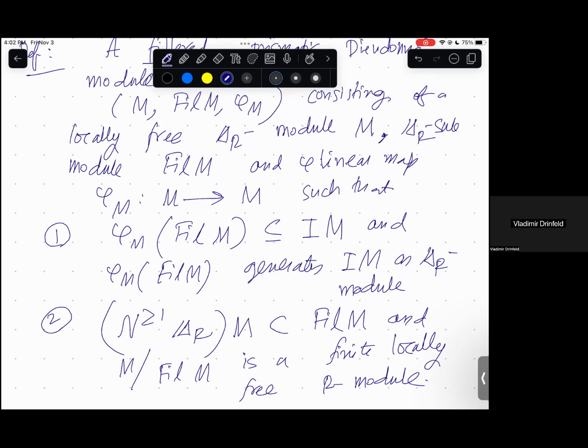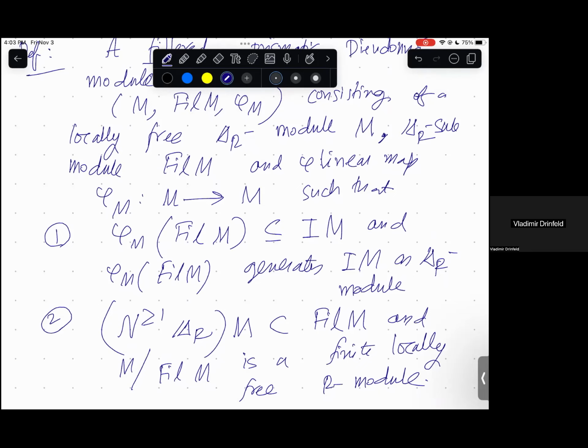As you said, in this situation we consider a finitely generated free module over the Witt vectors, equipped with operators F and V, such that FV equals p and VF equals p.